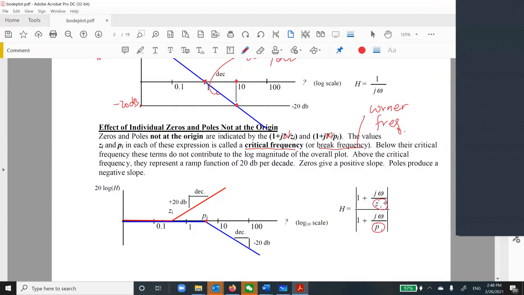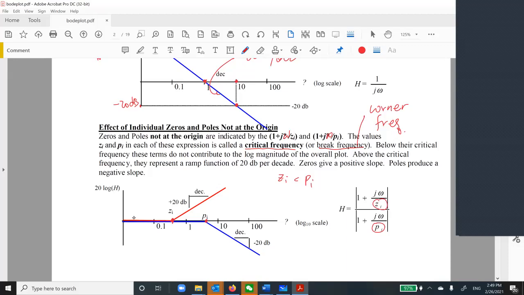So here you have Zi. In this case, Zi is less than Pi. And so this is your Zi. You have a breakpoint.